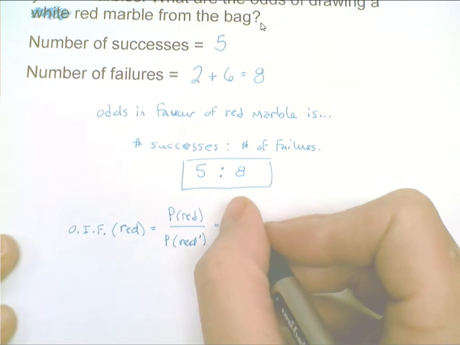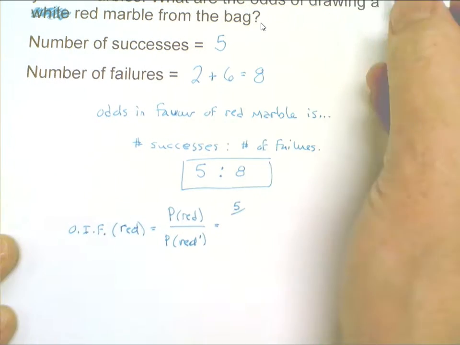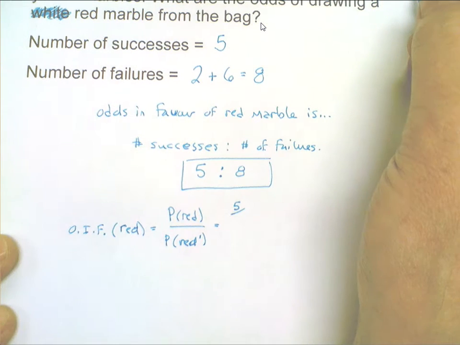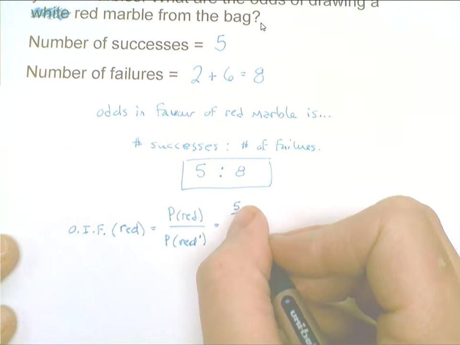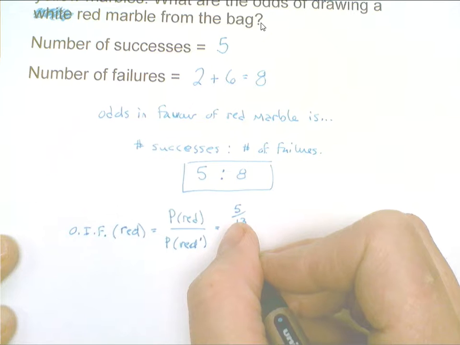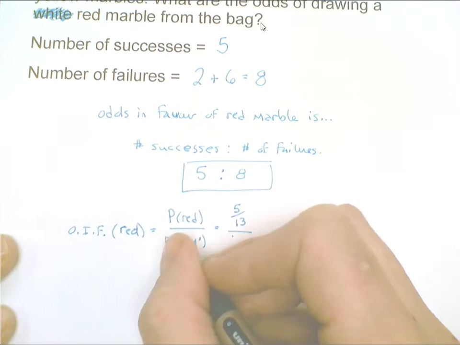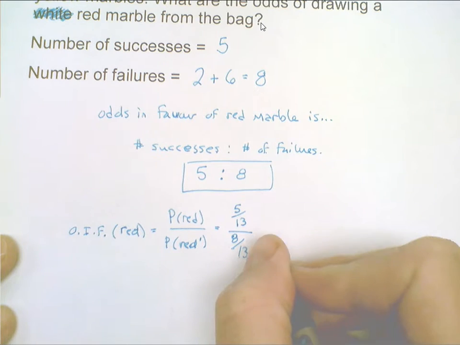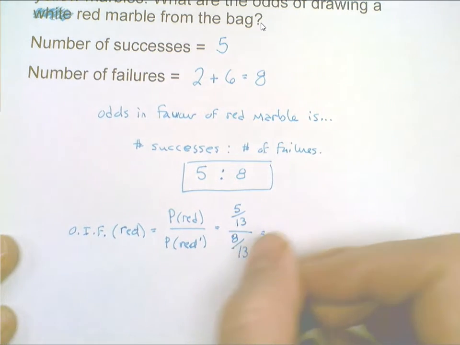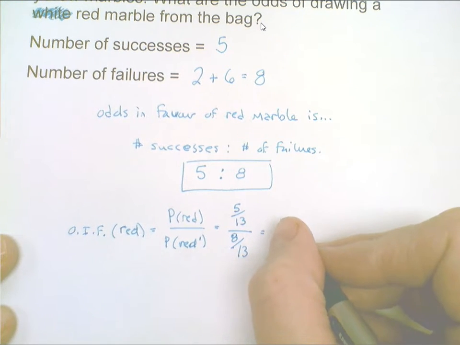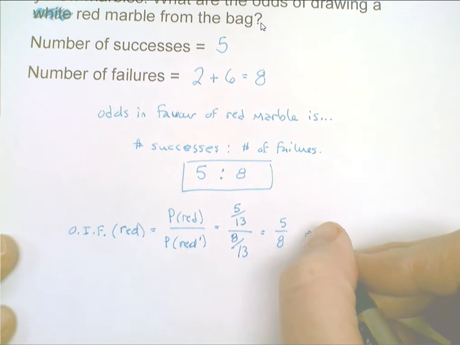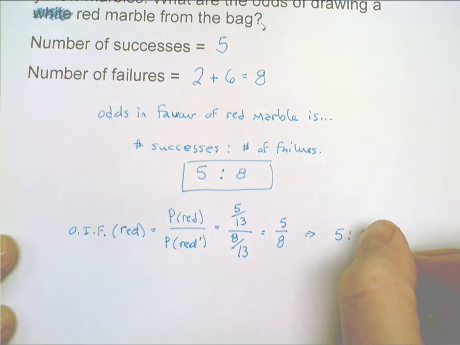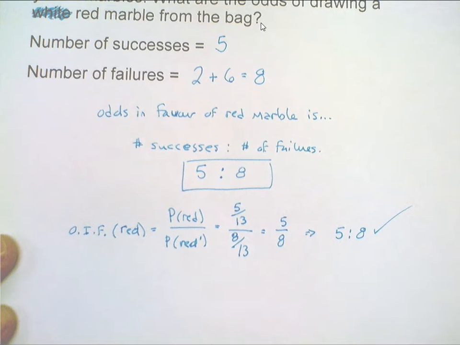Well, there are 5 marbles out of a total of 13. And the probability of not getting a red means if you reached in there, there's 8 over 13. Well, the 13s divide out, and you end up with 5 over 8, which is a ratio of 5 to 8. The exact same solution.